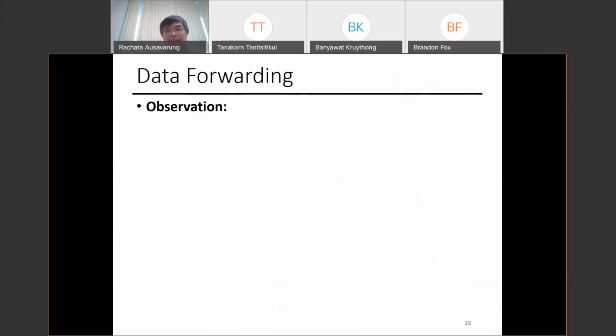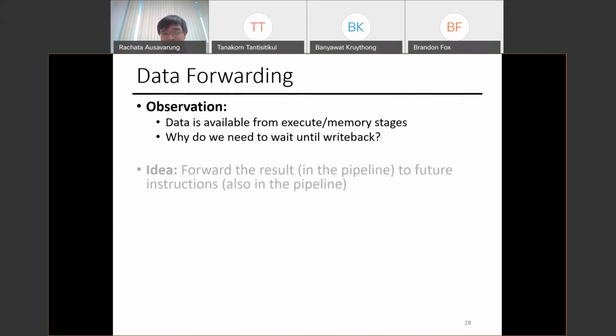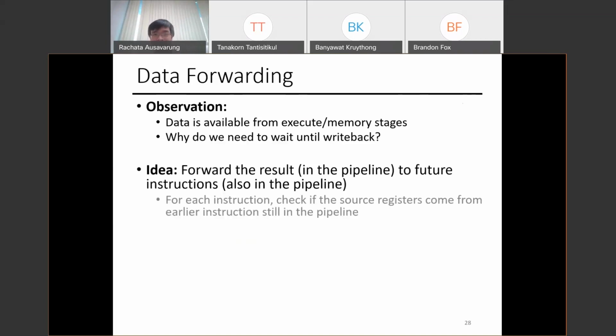This is basically another way you can fix this problem. We'll discuss this on Monday, but I'll briefly talk about it right now. The observation is that sometimes data is available from the execute and memory stages. So why do we need to wait till the write back? My add is done. So the idea is, we can forward the results in the pipeline to future instructions.